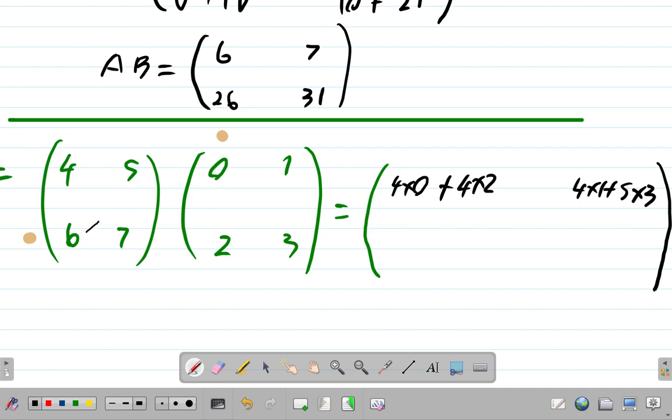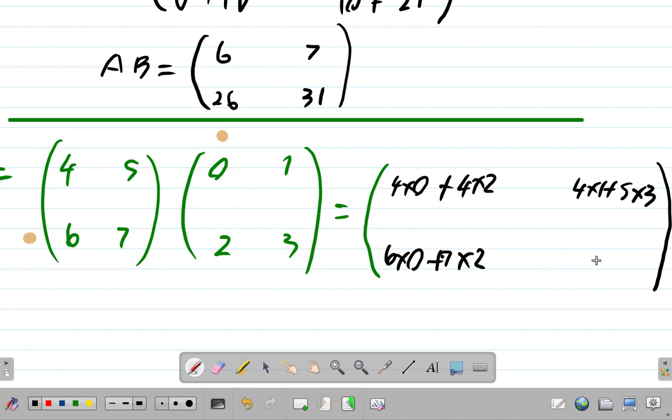First element in row 2 times first in column 1. Second in row 2 times second in column 1. It's going to be 6 times 0 plus 7 times 2.